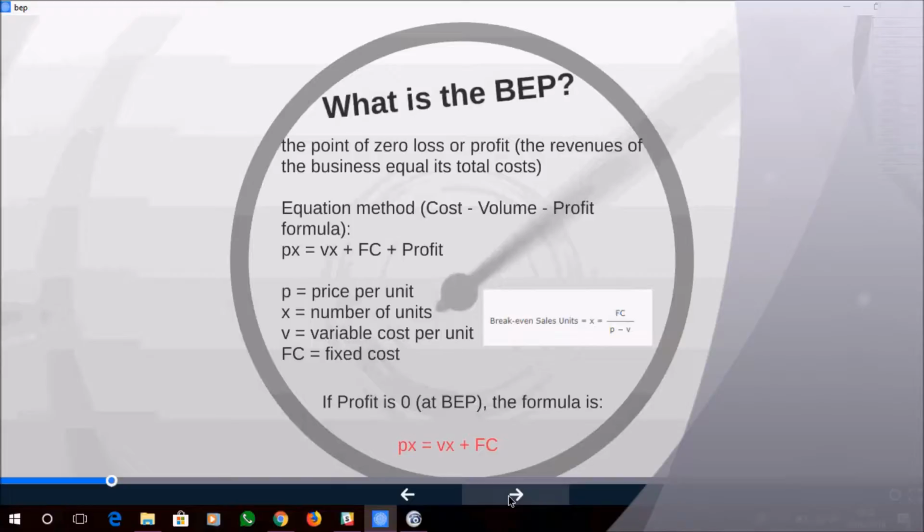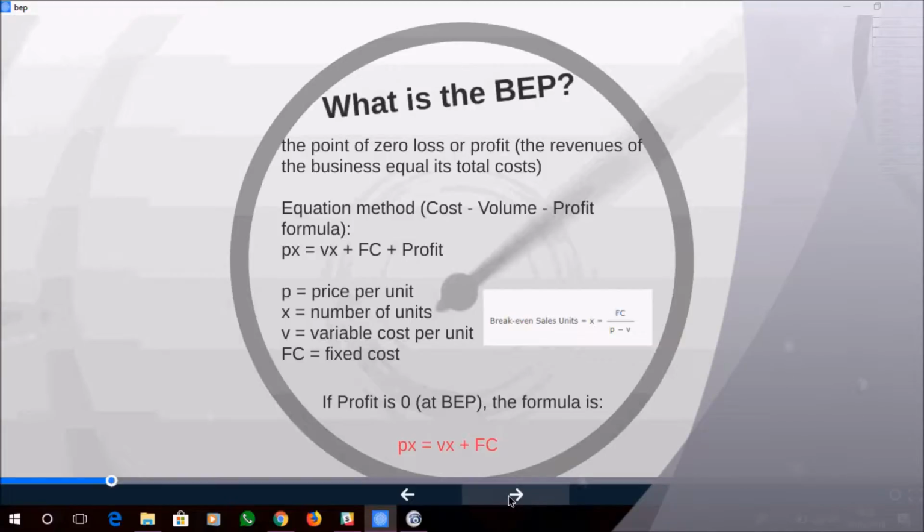The formula can also be simplified, because at BEP the profit is zero, and therefore the formula would be Px equals Vx plus FC. As you can see, we can also do the calculation of BEP in sales units.